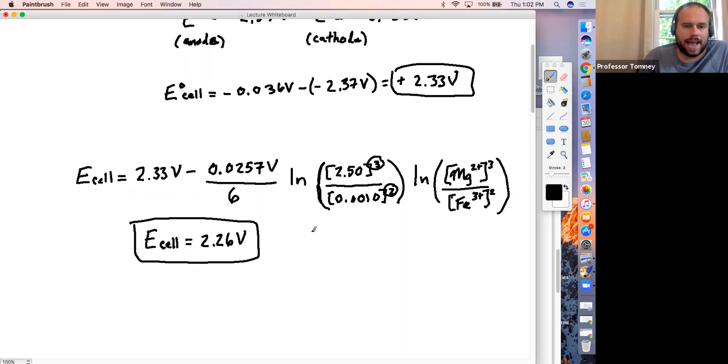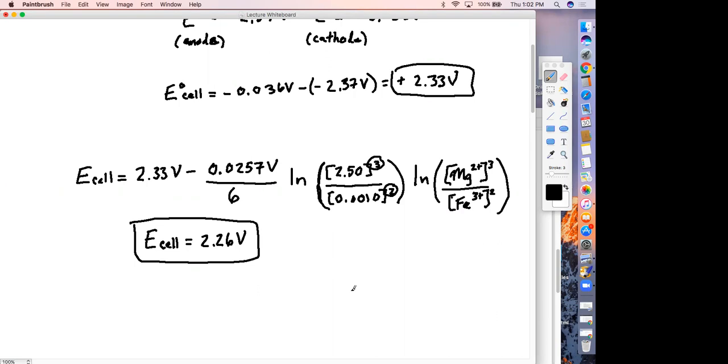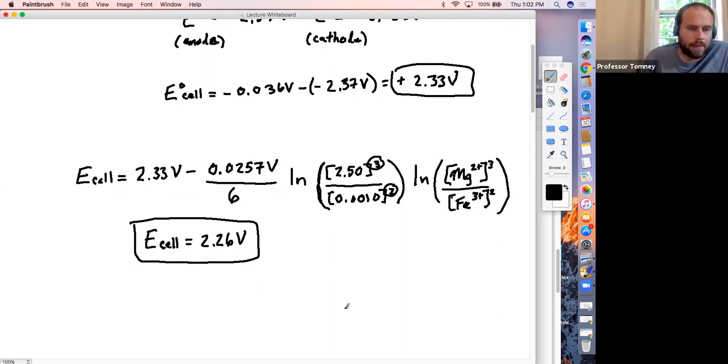Okay, so that value is a constant value, and it comes from the Nernst equation itself. So the Nernst equation has temperature, and it also has the gas constant R built into it. So when you're operating at a standard value, you're going to have 0.0257 volts, and that is just simply the 8.314 value for R and a given temperature.